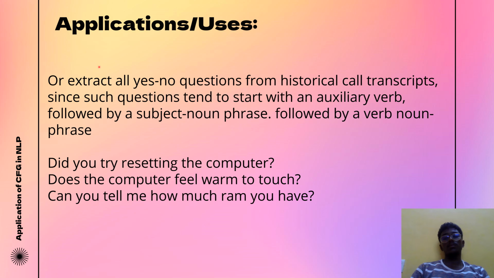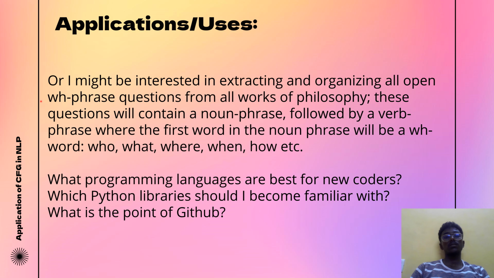So similarly we'll look over another application too. The other application I was talking about is organizing and extracting all open WH questions, like who, what, how also land in the WH questions. Like what programming languages are best for new coders, which Python library should I become familiar with, what is the point of GitHub, and what is the point of life and all that.